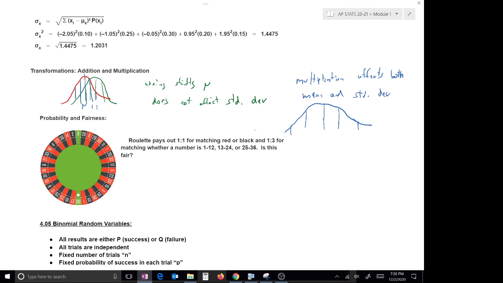So let's actually create a little chart here. And our probability of winning will go 0 if we don't win, and 1 if we do win. So let's say we're betting on red every time. Well, what is the possibility of actually landing on red? Well, there's numbers all the way up to 36, and they're split half between red and black.